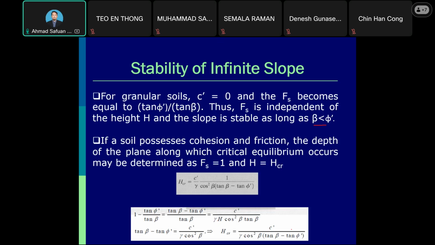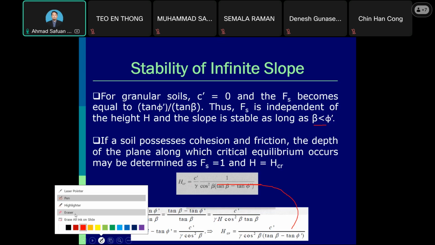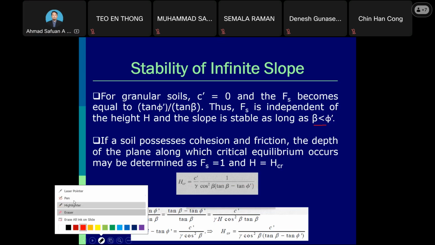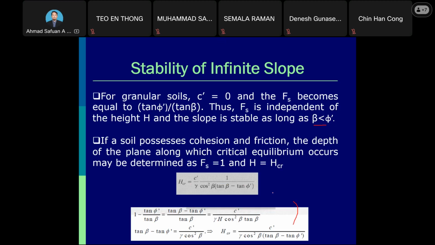So as we can see here, the equation is similar.